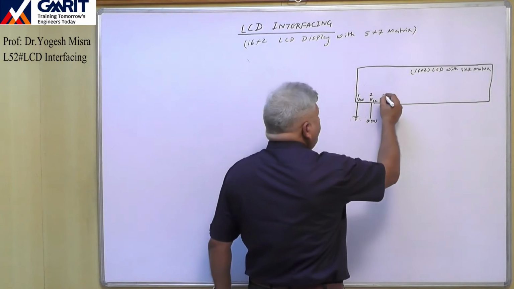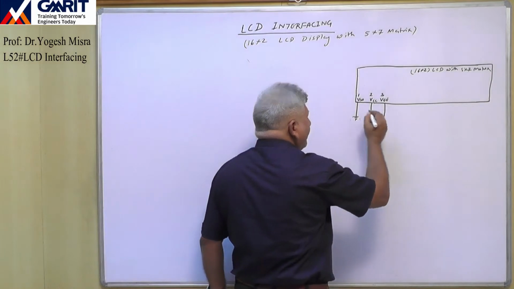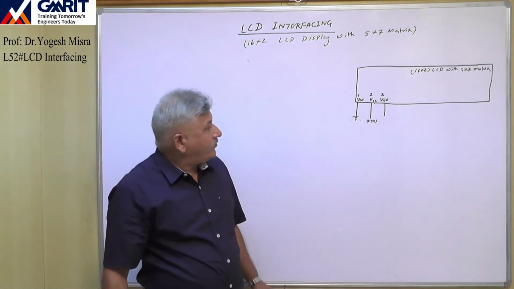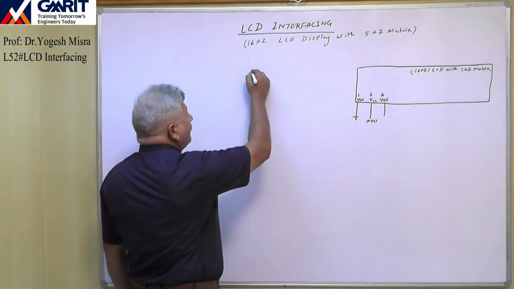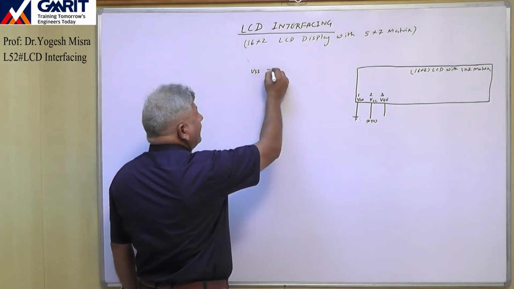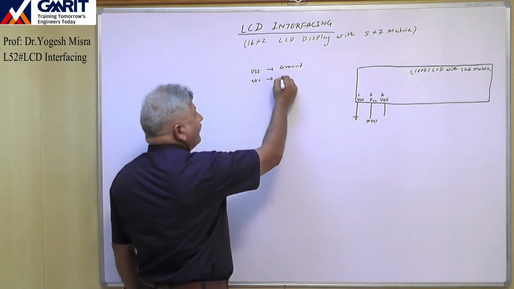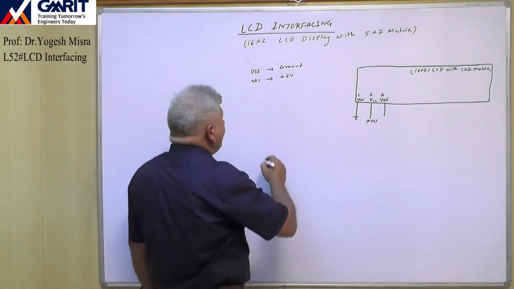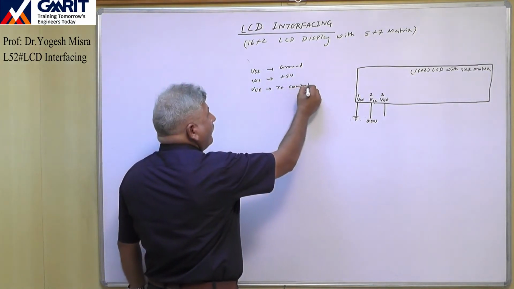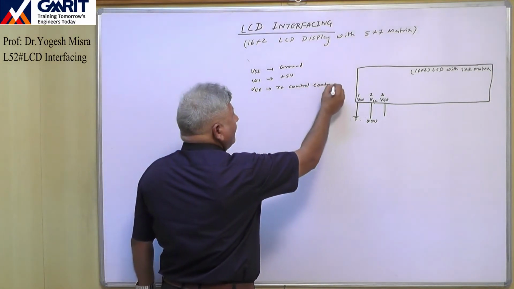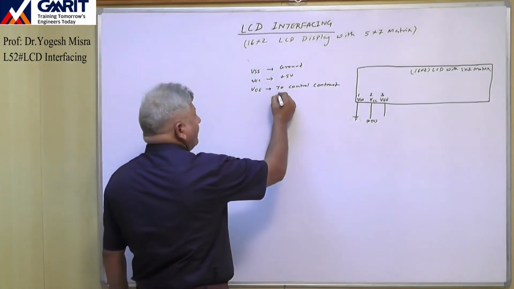Now pin number 3 is VEE. We will write here also: VSS is for ground, VCC for plus 5 volt, and VEE to control contrast of the display.